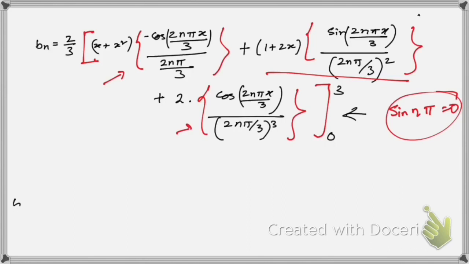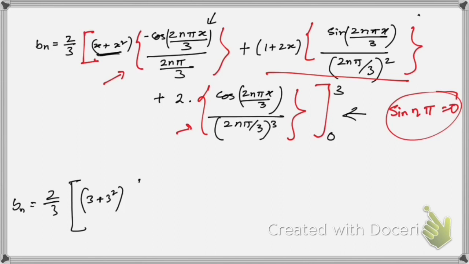So here bn is going to be equal to, let's put the upper limit and lower limit, do the calculation, and then you're going to have the result value of bn. So if you put 3 here, what you will get, 3 plus 3 square, and if you put 3 here, then it's going to be cos 2 n pi.